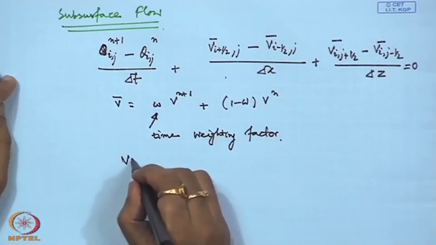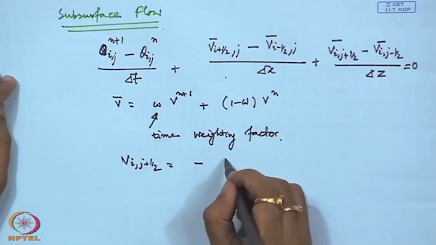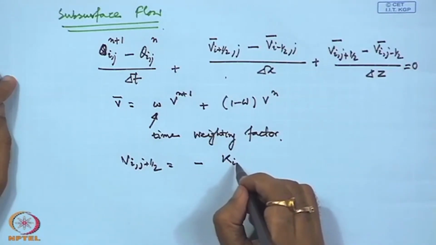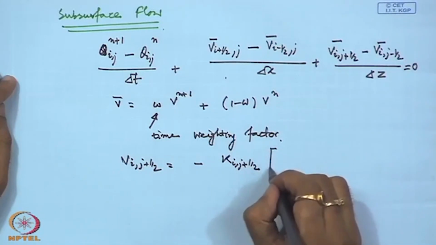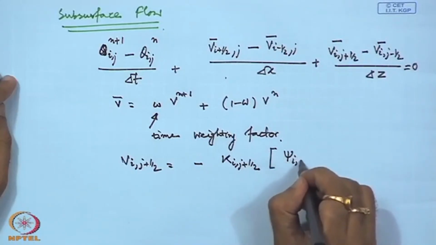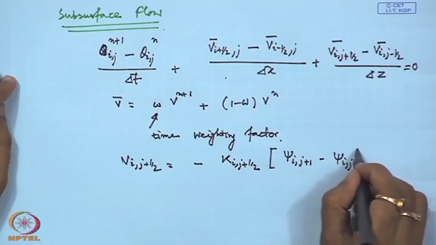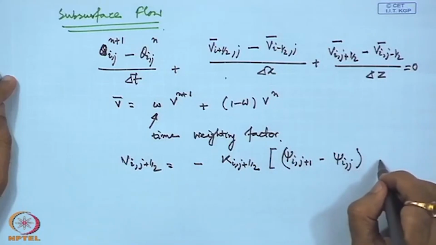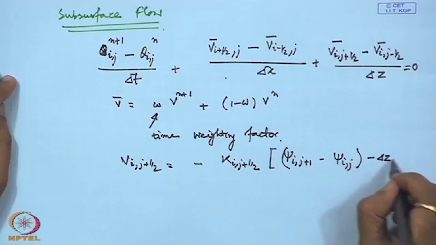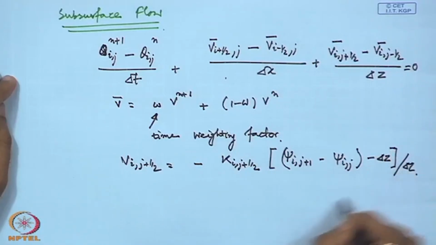And V i j plus half is calculated using our expression of Darcy's law, K i j plus half into psi i j plus half minus psi i j, minus del z, divided by del z.